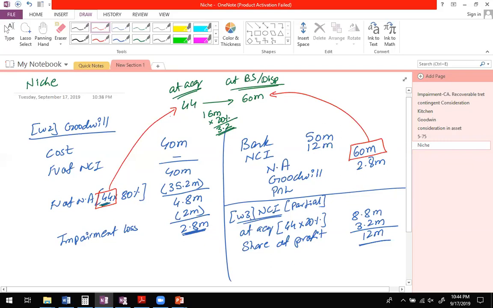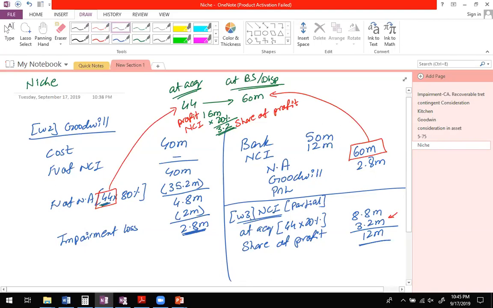So this means that there was a profit of $16 million from acquisition till the balance sheet date, in which NCI had a 20% share. So 3.2 million is the share of profit of NCI, which we have written over here. Getting the point, Mudassir? That's good. Mudassir is clear on this.